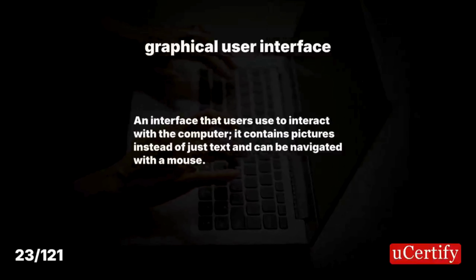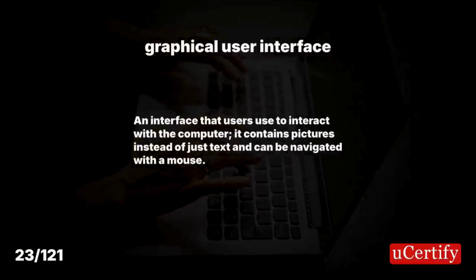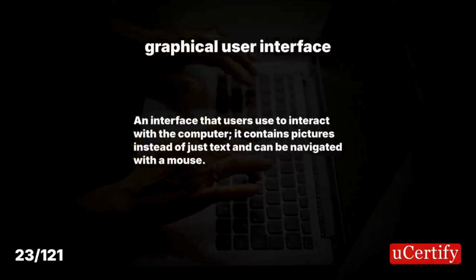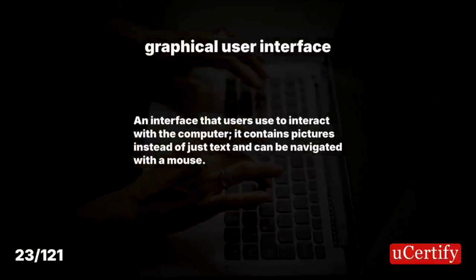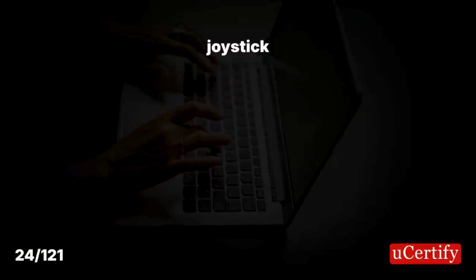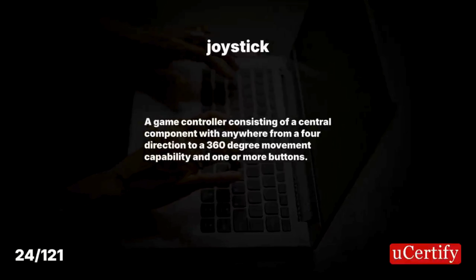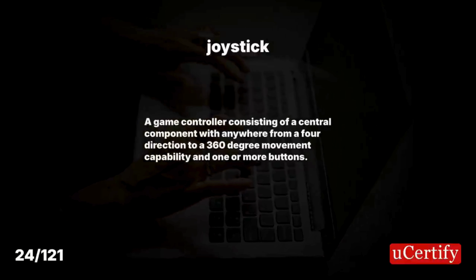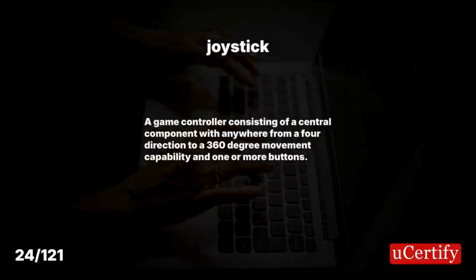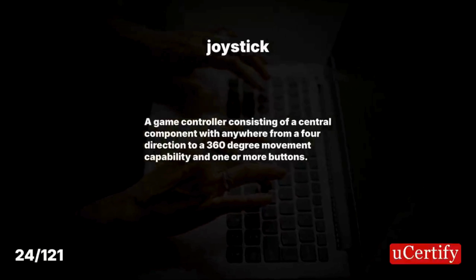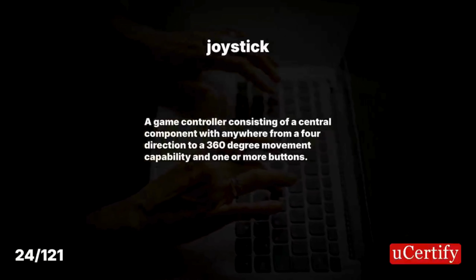Definition: an interface that users use to interact with the computer. It contains pictures instead of just text and can be navigated with a mouse. Term: joystick. Definition: a game controller consisting of a central component with anywhere from a 4-direction to a 360-degree movement capability and one or more buttons.